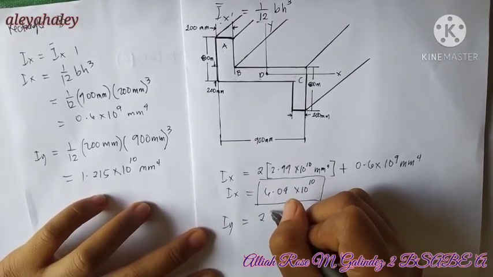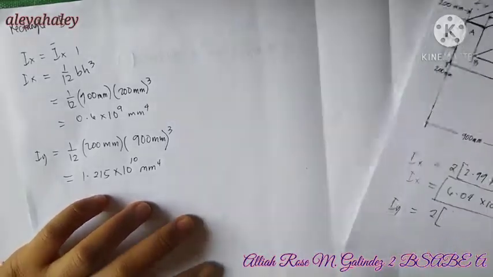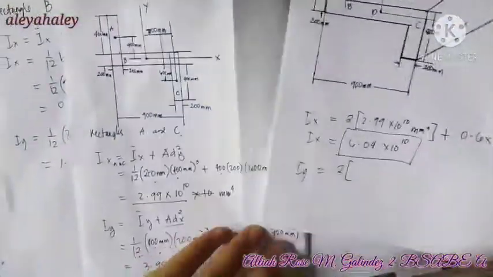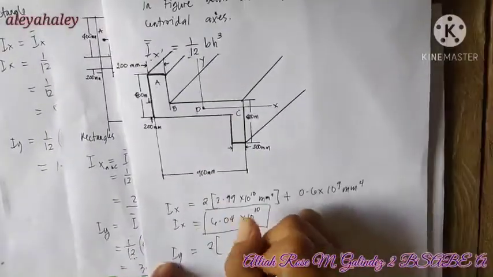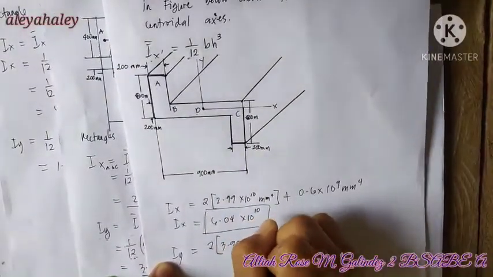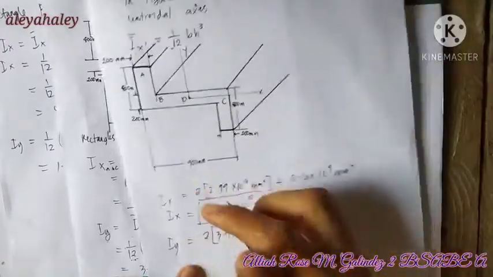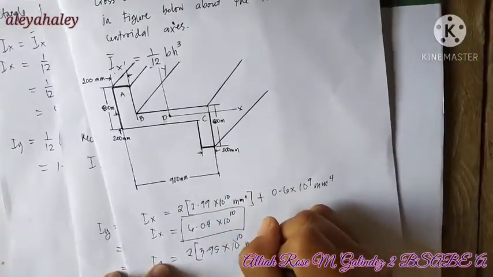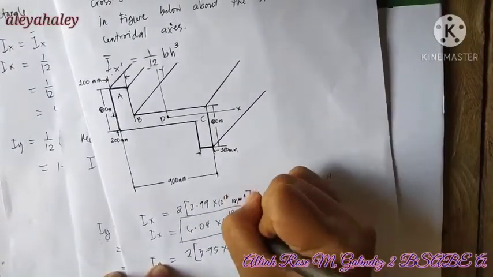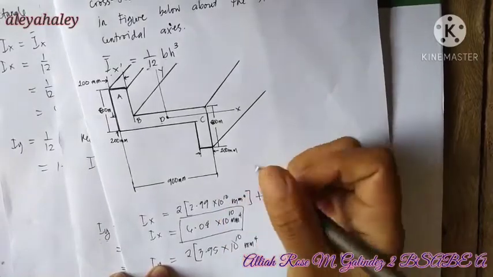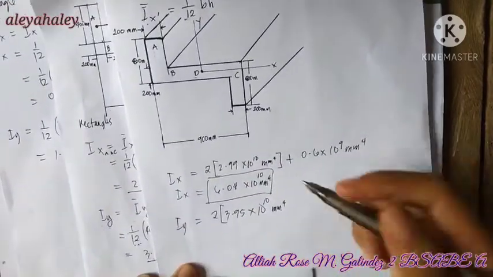And the Iy is 2 times the Iy, 3.95 times 10 raised to the power of 10 millimeter to the fourth.